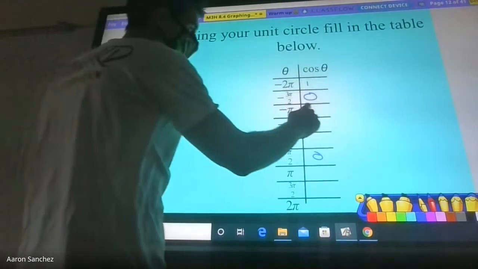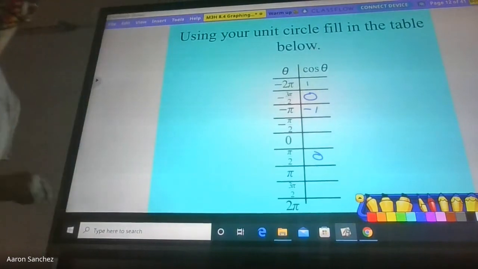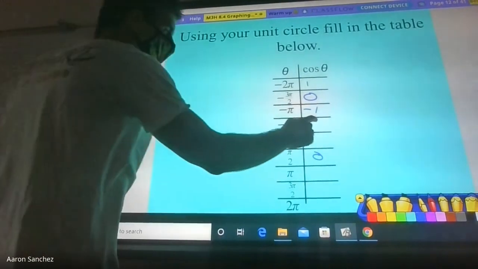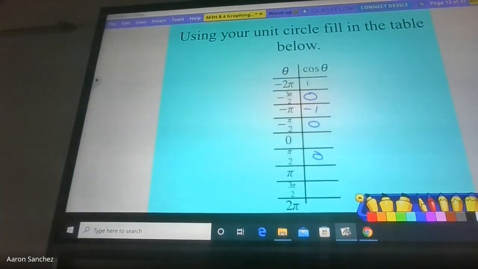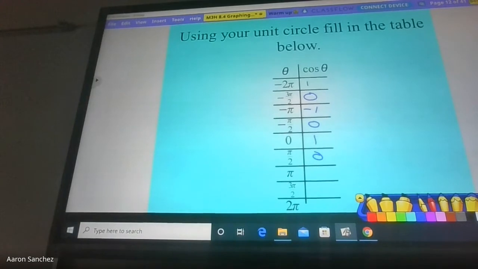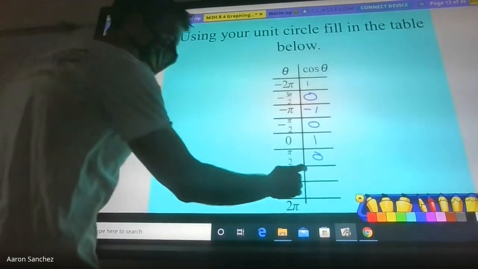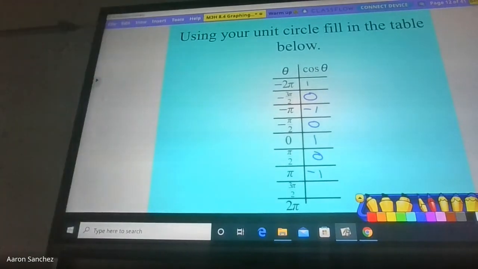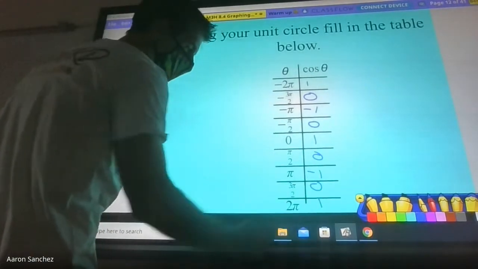Negative 1. Raphael, negative pi over 2. 0. Anthony, 0. 1. Giselle, pi. Delilah, 3 pi over 2? 0. And then 2 pi, our favorite singer, is 1.